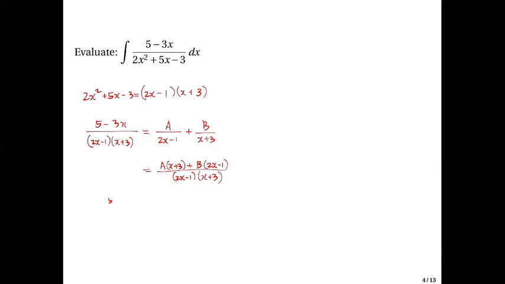So we have 5 minus 3x equals a times x plus 3 plus b times 2x minus 1.